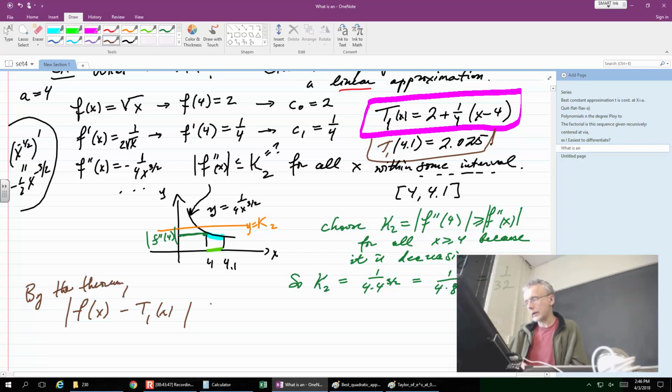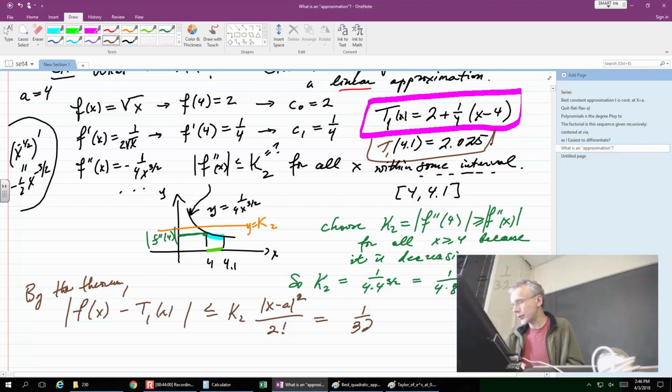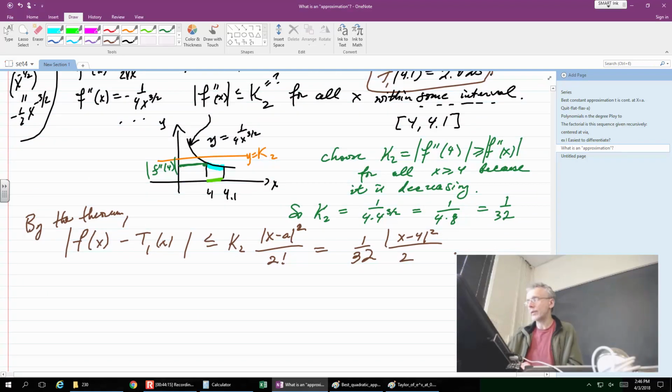less than or equal to k2, let me just write it out, times x minus a to the n plus 1, which makes it 2, over 2 factorial, where k2 is 1 over 32. This one is x minus 4 squared over 2. So a is 4, and x is just what the theorem says.